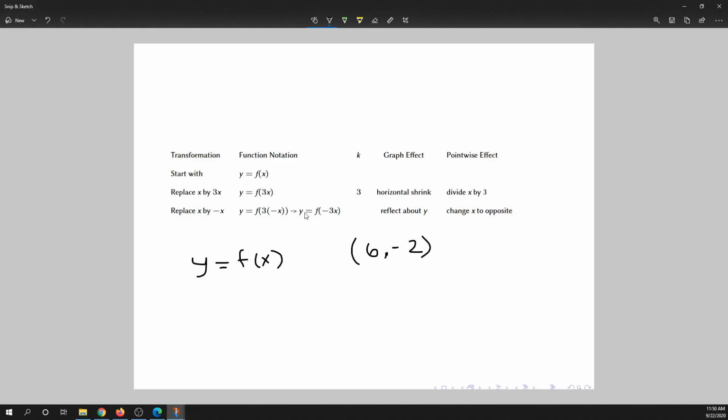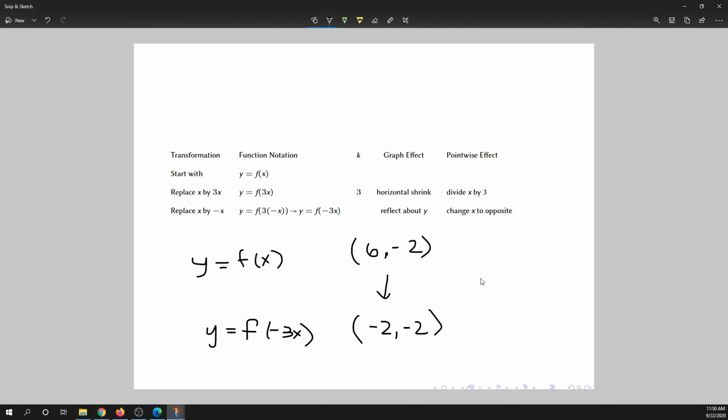Then the corresponding point on the transformed graph, y equals f of minus 3x, is found as follows. We would divide the x coordinate by 3. So 6 divided by 3 is 2, and we leave the y coordinate, negative 2, alone. Then we change x to its opposite, so instead of a 2, it would be a minus 2. So a point on y equals f of x, like 6, minus 2, would get moved to minus 2, minus 2.